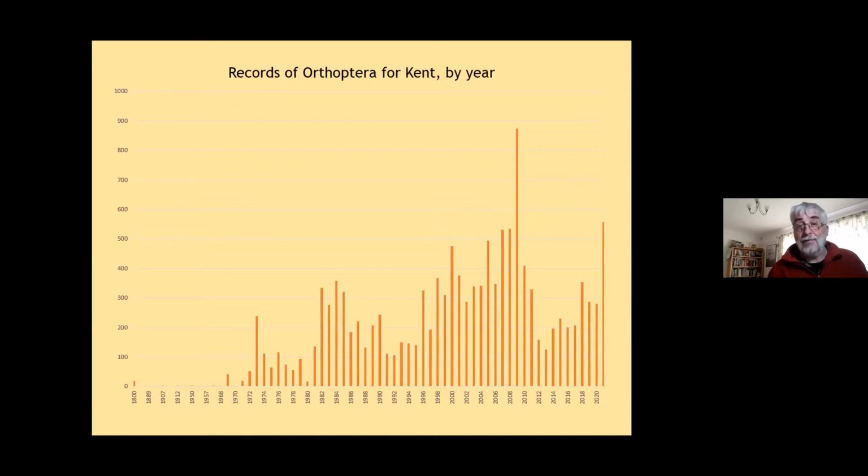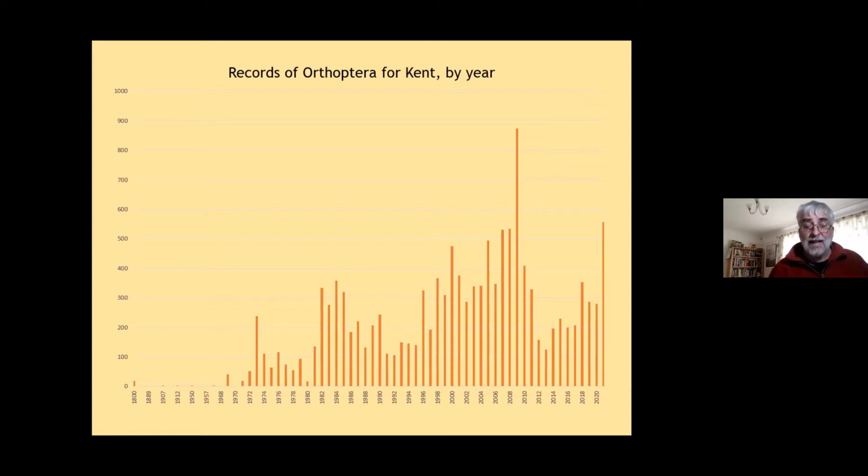I also tend to go into iRecord and glean records from there to add them in, because increasingly you notice that records go straight to things like iRecord rather than coming through Field Club recording. If you plot the number of records per year, they increased over time, with ups and downs, but most of my records are from 1970 onwards.